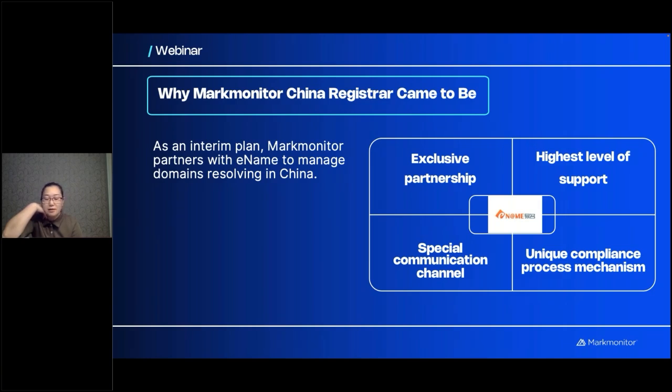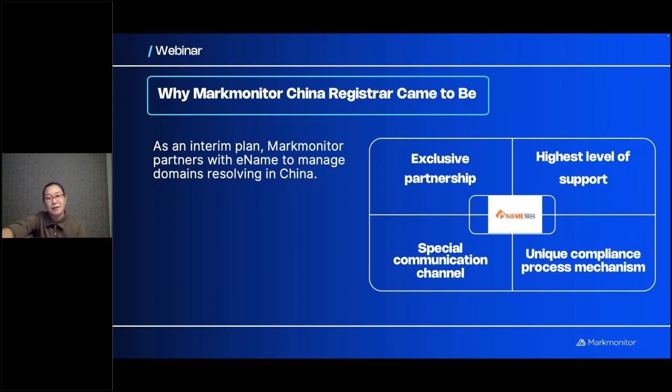And without Markmonitor's consent, they will never take any action on our domain names. So in the past couple of years, all our domain names with eName were totally safe, and our clients didn't really feel any inconvenience or bad feeling about managing domain names somewhere else.